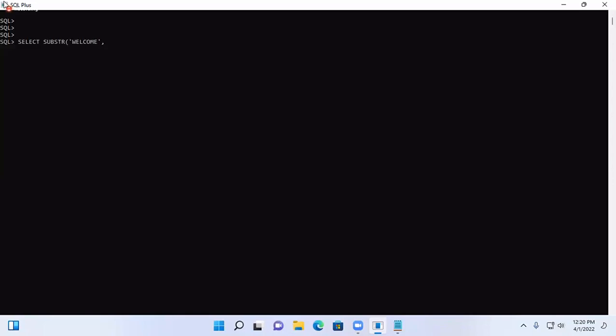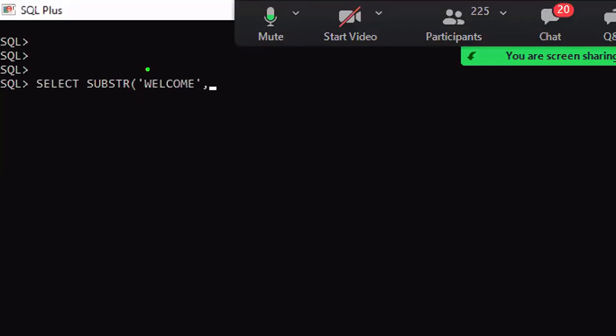That means the characters are numbered 1, 2, 3, 4, 5, 6, and 7. Total 7 characters. From this string, for example, I was given 4. This is called the starting position of the character. That means from which character position you want your substring.